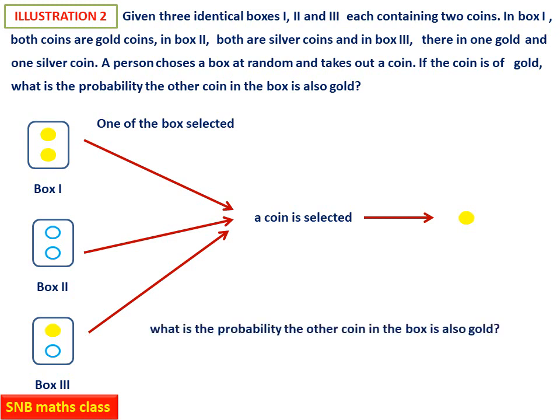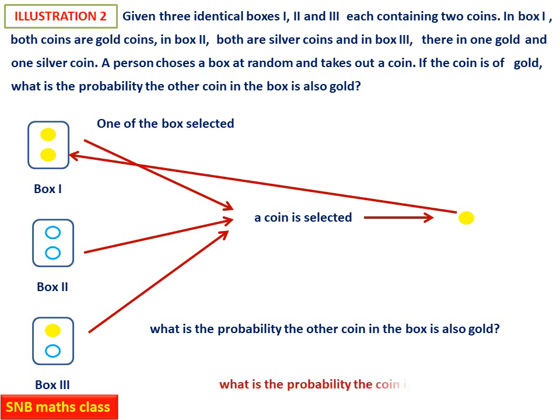Now the question is, what is the probability that the other coin in the box is gold? What is asked here is, what is the probability that the box is 1, because only box 1 contains two gold coins. So the question is, what is the probability the coin is from box 1? That is what the question is expecting, but it is stated in a different way. Therefore, I thought it is better to make it clear in the beginning. Now let us proceed.